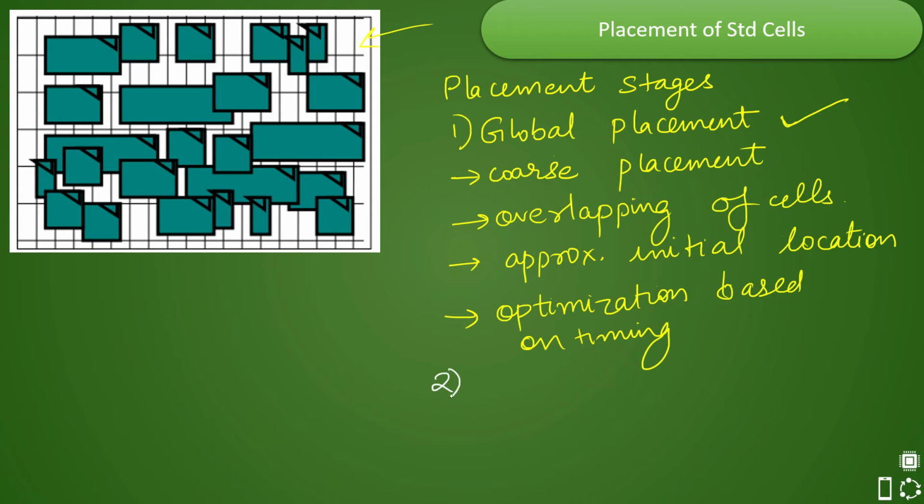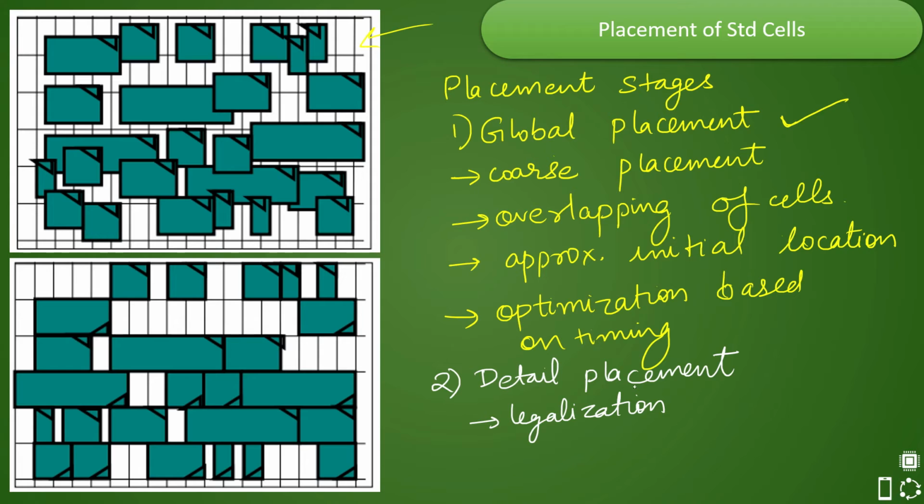Now after initial placement, what the tool does is called detailed placement. In detailed placement, the tool will put effort into legalization. So the tool will try to do the legalization of standard cells, which looks something like this. Here you can clearly see that cells are not overlapping, and the tool has put effort into legalizing the cells.